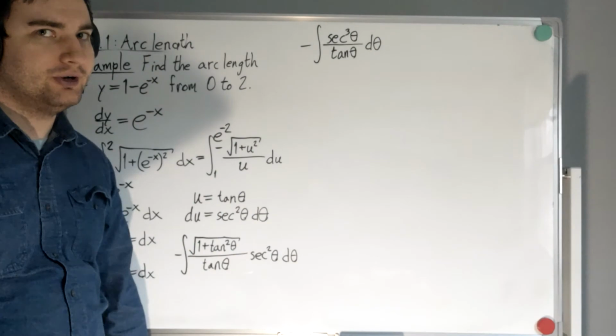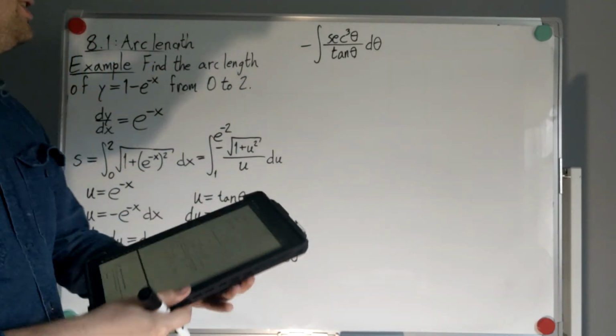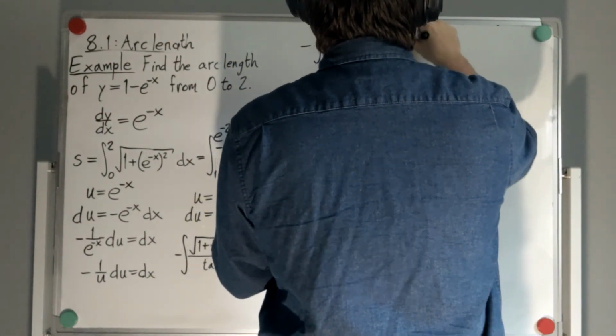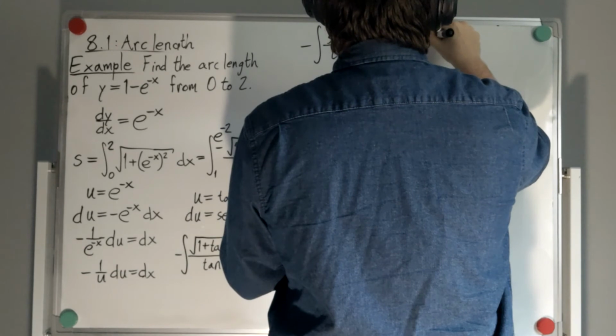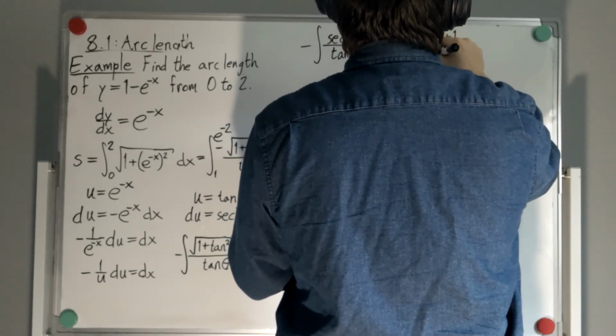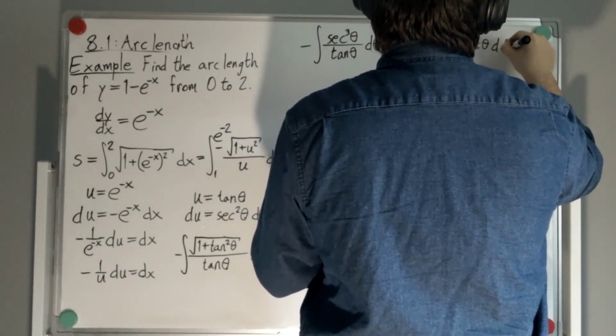And then you have to do that antiderivative. This one is most easily done by saying this is negative integral of tangent squared theta plus 1 divided by tangent theta, times secant theta d theta.